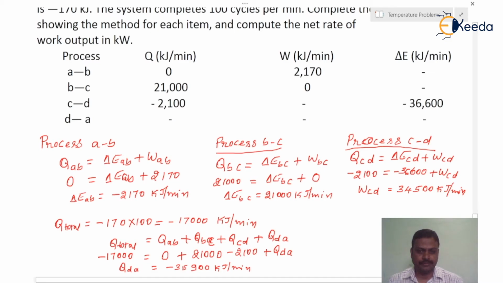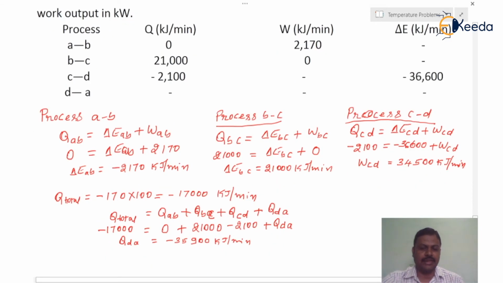Then we have the cyclic integral of any property is 0. So the cyclic integral of delta E is 0.